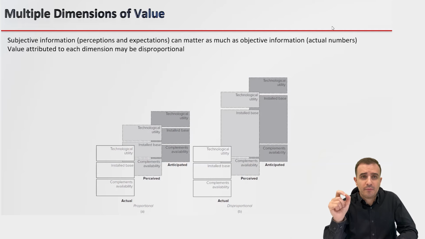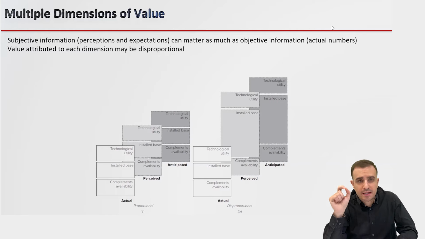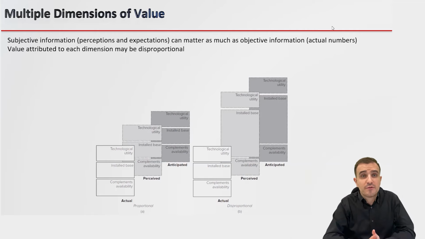The final dimension that users consider is the anticipated. So the anticipated performances that the technology will deliver in terms of complements, install base, and technology utility. So here we have two scenarios.